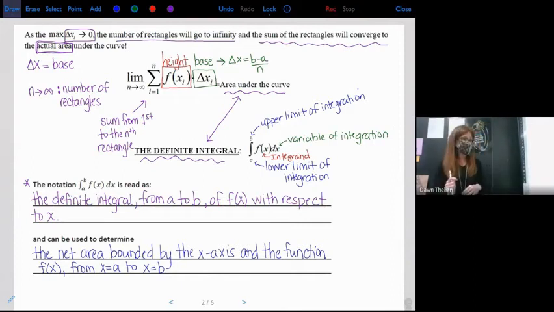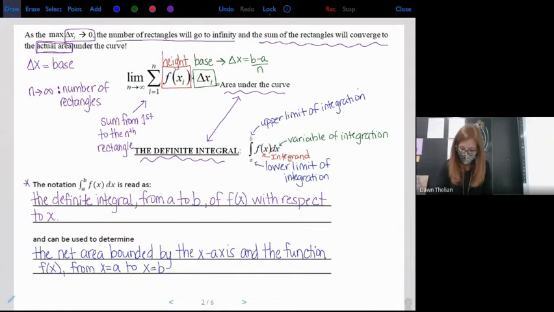The delta x, though, is sort of the base. It's the splitting up of the interval from a to b. Now, the x sub i, as you move along, you're going to be starting at a and then moving over the delta x each time to get the new x value.